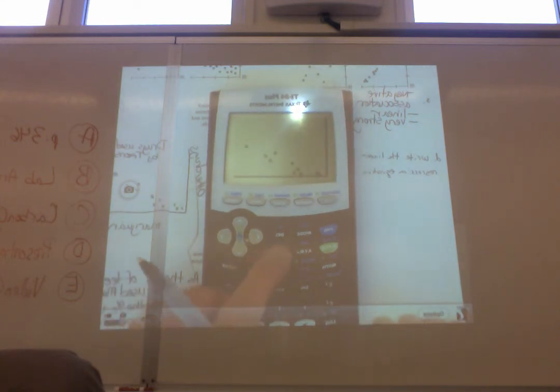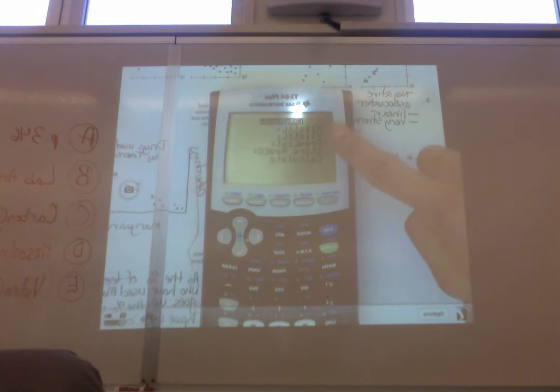We got to go to Stat, Calc, Linreg. I think it's on different spots on different calculators. On mine it's on 4. Find Linreg. List 1 and list 2. I double checked that the X and Y are in the right spot. There we go.